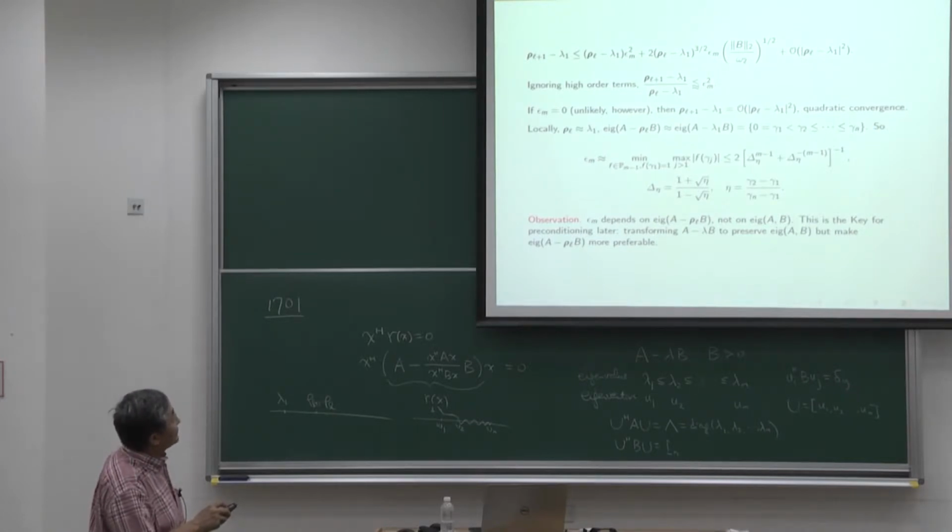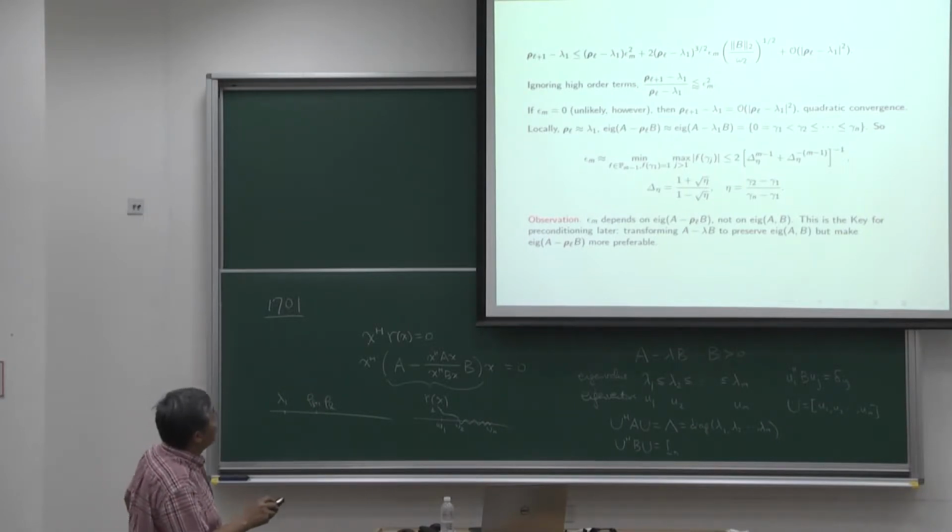Asymptotically, you can find the polynomial that takes value 1 at 0 and is as small as possible from gamma 2 to gamma n. Again, using the Chebyshev polynomial you get such an estimate. And what you see is that if gamma 2 over gamma n is almost 1, then you have fast convergence.